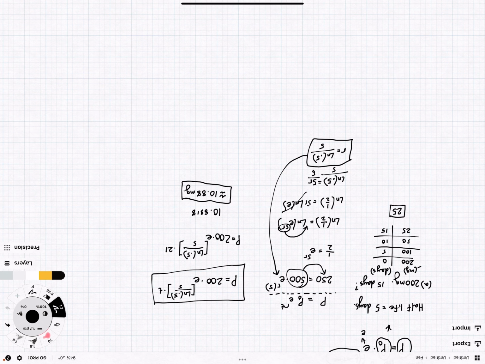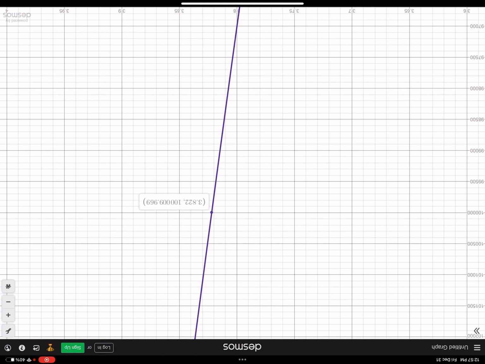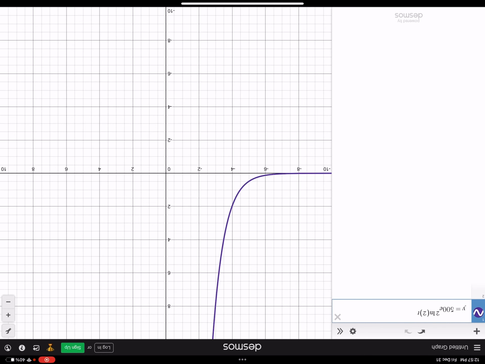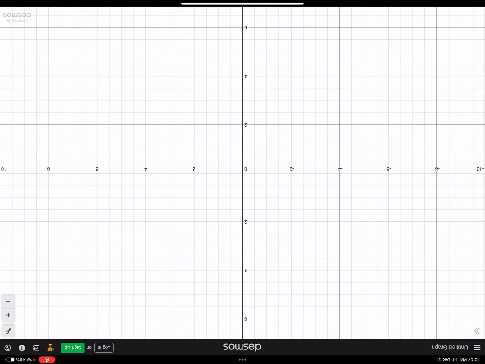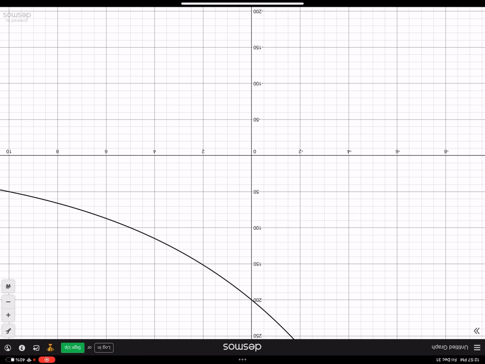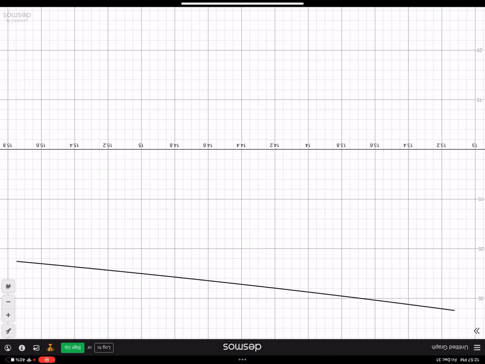It's 200 e to the ln 0.5 over 5 times t. So we have y equals 200 e to the ln 0.5 divided by 5 times t. There we are. And we need to figure out when this equals 1.